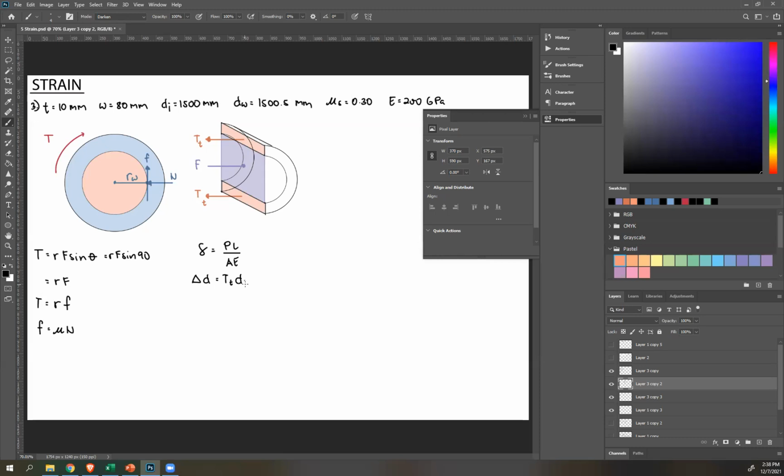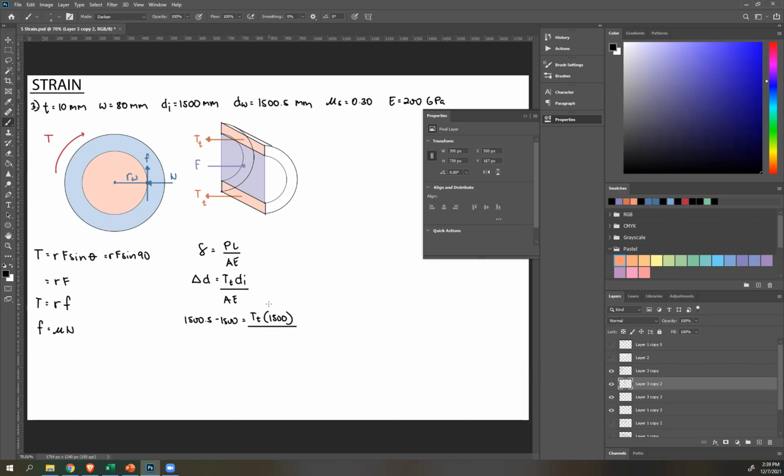So instead of L, that's original diameter, over AE. And then let's just sub our values. Change in diameter, after expanding, it shrunk to fit this size. So that's the final: 1,500.5 minus initial 1,500 equals your internal tensile resisting load times internal diameter, original diameter over A.